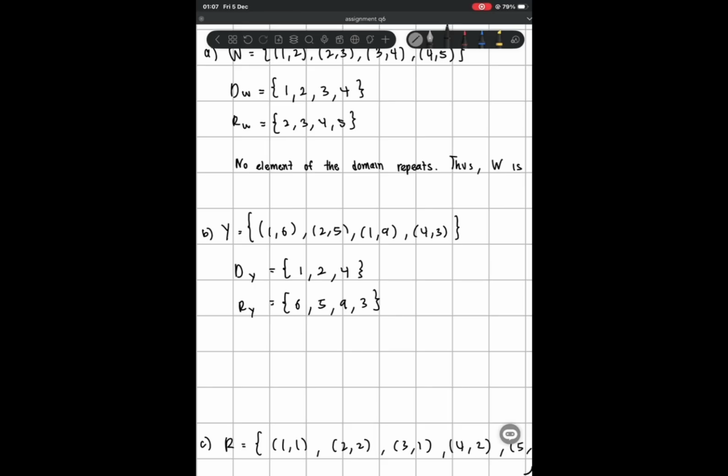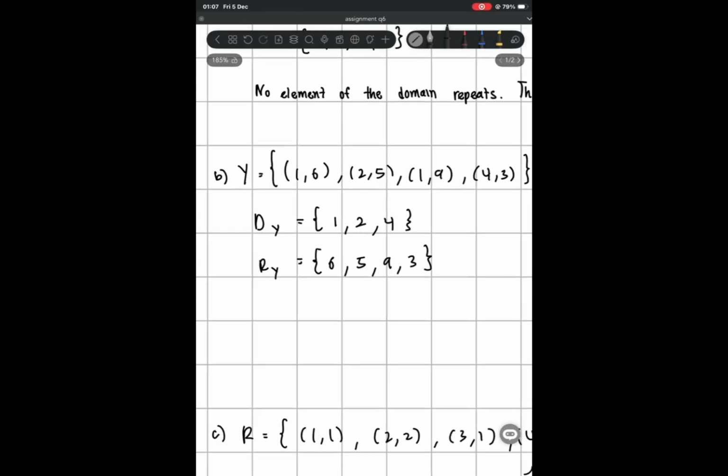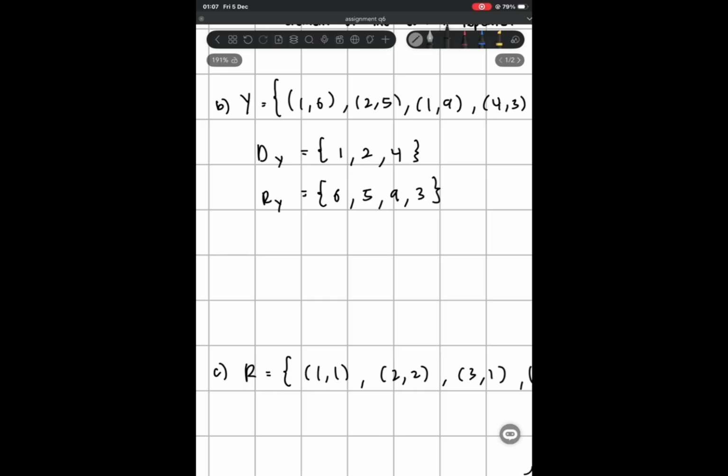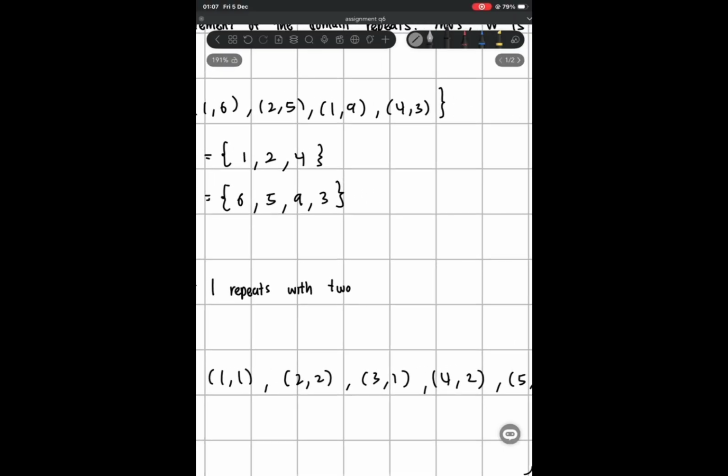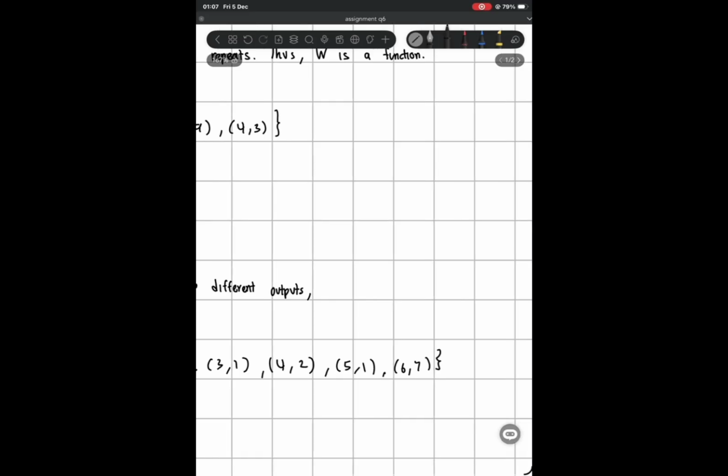So we can conclude that Y is not a function because input 1 repeats with 2 different outputs, that is 16 and 19.